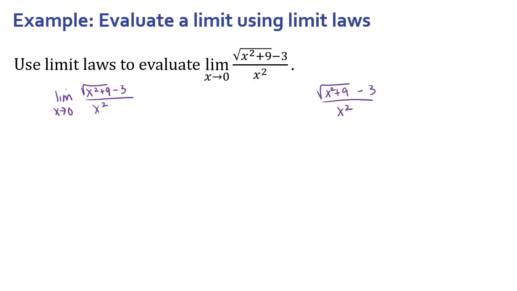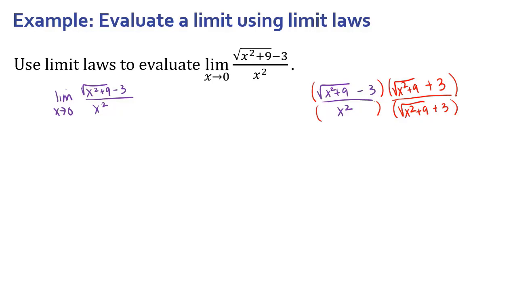Okay, so let's take this and we're going to multiply both the numerator and the denominator, because we need to keep this equation balanced, by the conjugate of that square root. So the conjugate is going to be the square root of x squared plus 9 plus 3. So instead of subtracting 3, we add 3. That's what the conjugate means. And whatever I do to the numerator, I have to do to the denominator to keep that fraction balanced. Now, I like to call this a fancy one or math magic.